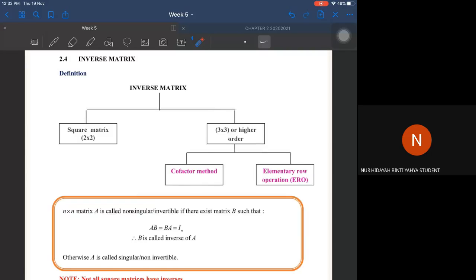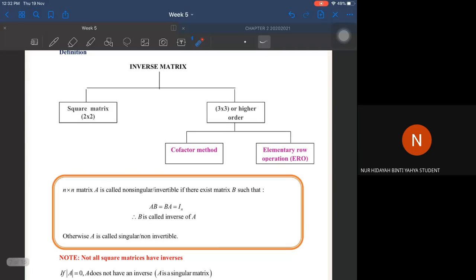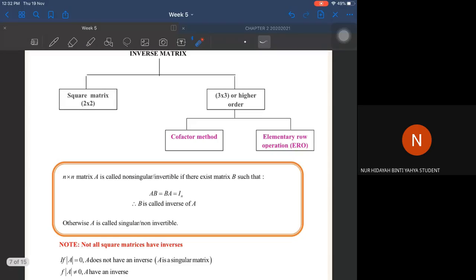Kalau kita kata matrix A ni ada inverse. Okay, if you are given a matrix A and you can find the inverse of that matrix. So kalau you buat operation A darabkan dengan A inverse, you akan dapat identity.